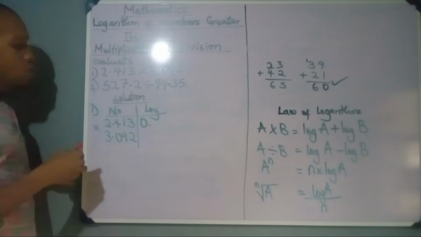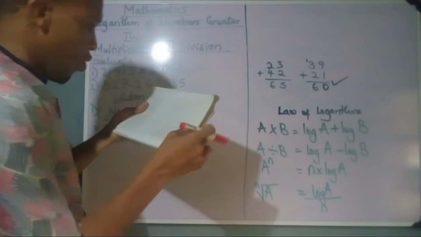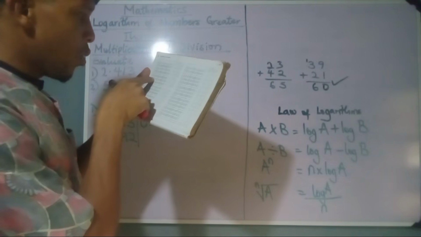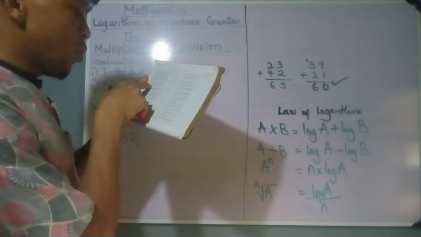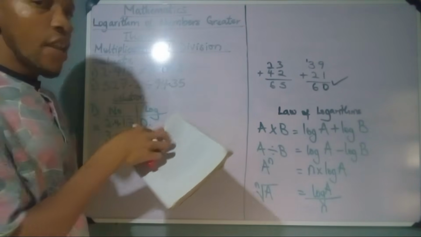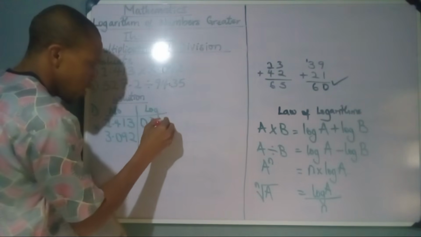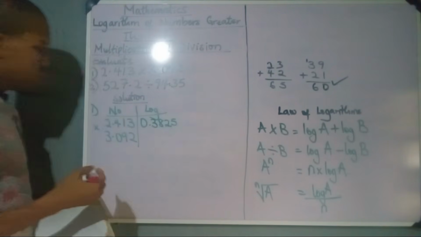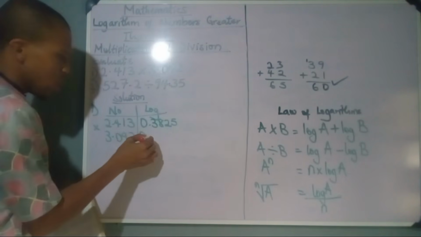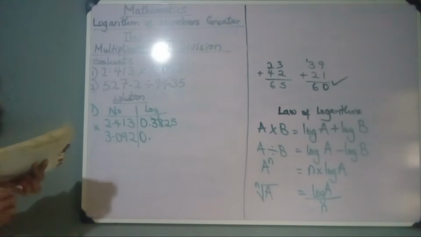Good. So, with our four-figure table, we're going to be checking 24 under 1 difference 3. So 24 under 1 is 3820. Difference 3 is 5. So that will be 3825. So the log will be 0.3825. Now for the second one, the characteristic is also 0 because the decimal is already in standard form.